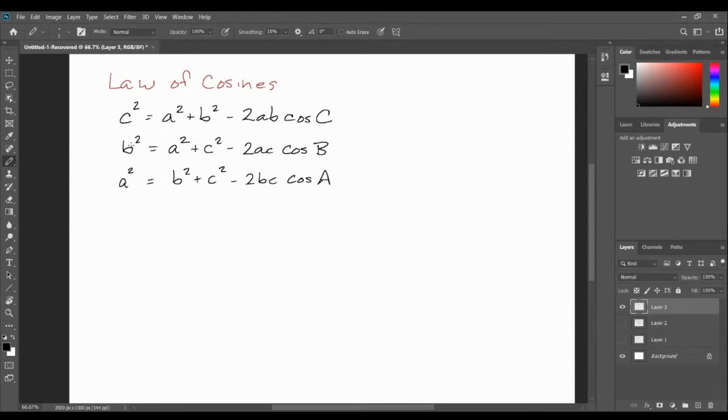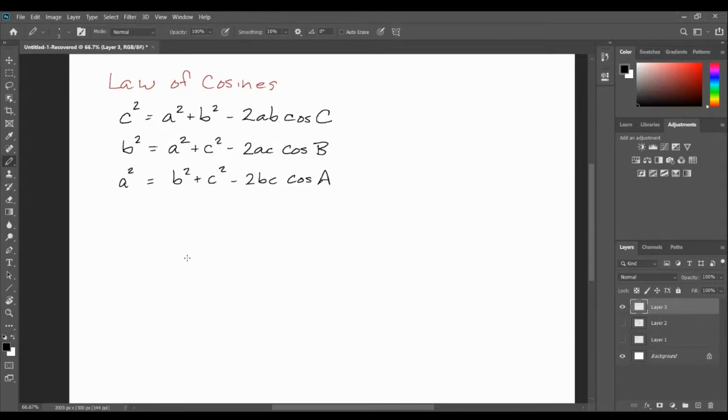And it's that way for each one. Notice when we had b squared on the left side, we're taking the cosine of b, and a and c, the other two variables, show up in these locations. When we have a on the left-hand side, we're taking the cosine of angle a, the other two variables being b and c, those show up in these locations.